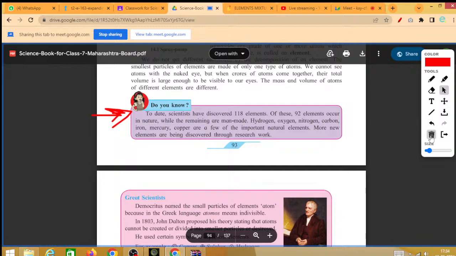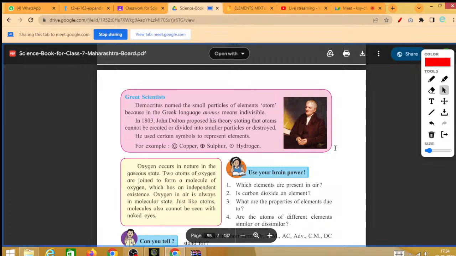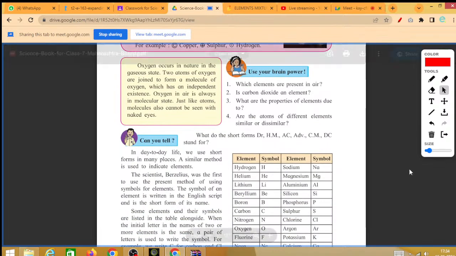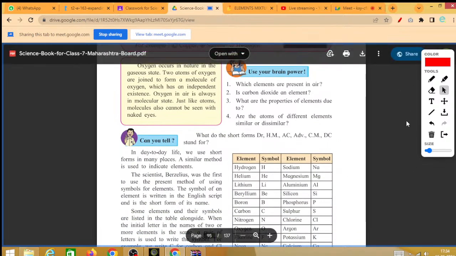Next, Yukti's turn. Use your brain power. Which elements are present in air? Hydrogen, carbon dioxide.